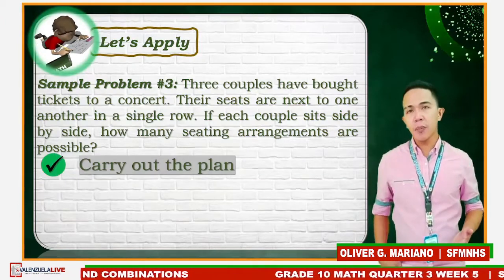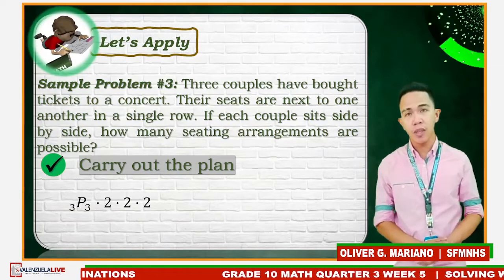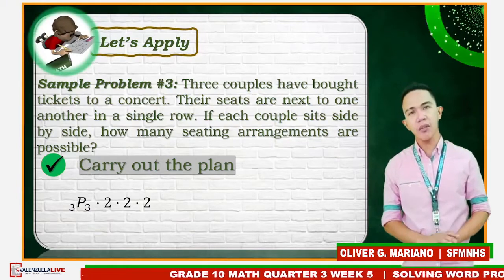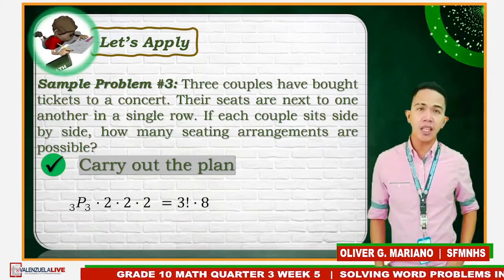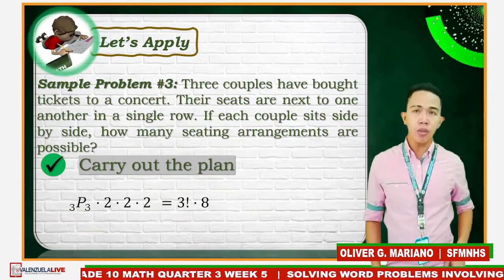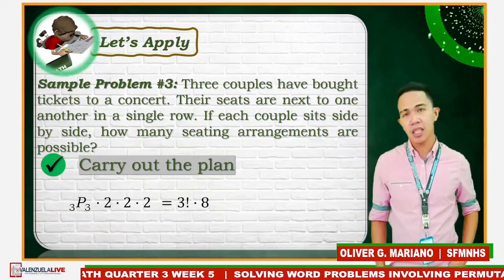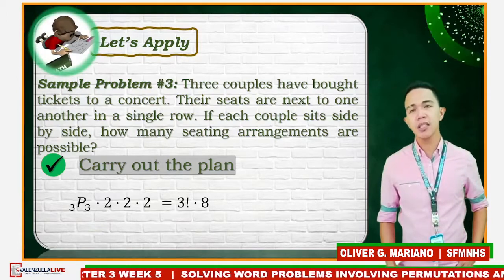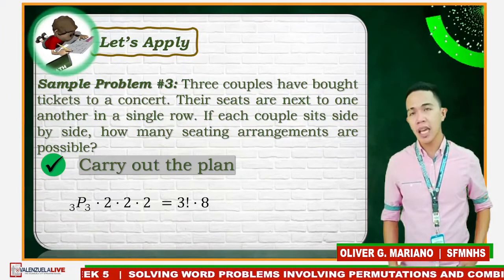We have the permutation of 3 taken 3 at a time times 2 times 2 times 2. Wherein the permutation of 3 taken 3 counts the number of arrangements of the 3 couples who are to be seated side by side. And each 2 represents the number of ways in which the persons in each couple may be arranged. This expression is equal to 3 factorial times 8.